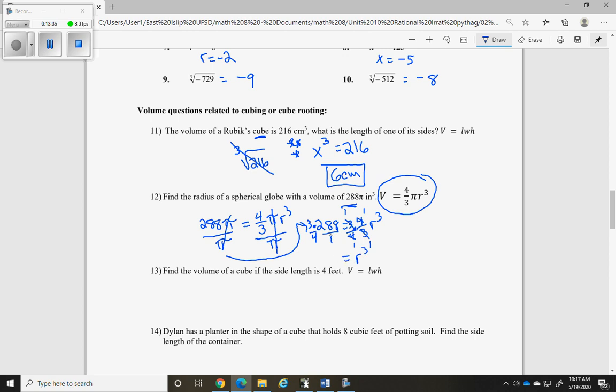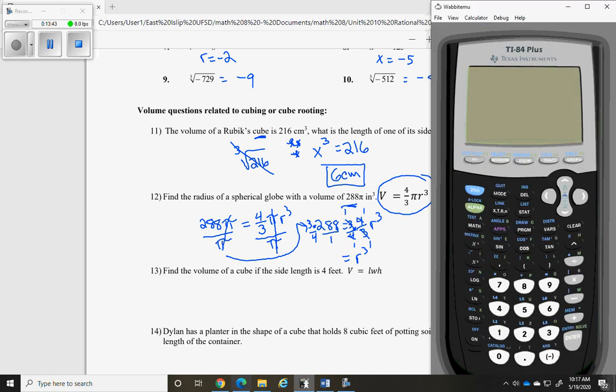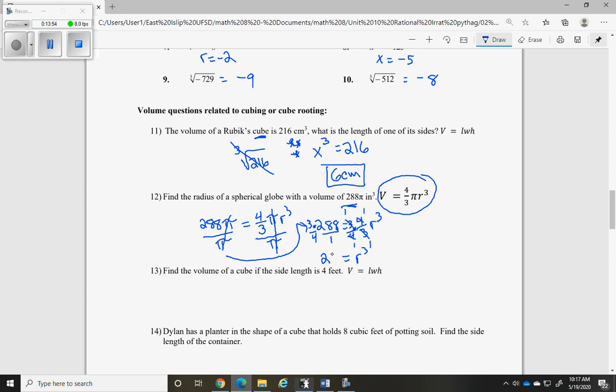On the left side, you could even just use your calculator and do 3 times 288 and then divide by 4. And you get 216. And now I want to think about what number to the third power is 216.